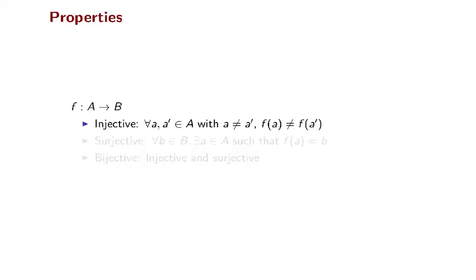Let's come back now to a general function, and we are going to state here several properties that those relations, the ones that are functions, may satisfy. So now we start with an f from A to B that we know is a function. Now, being a function can have some extra properties. Sometimes functions have these properties, sometimes not.